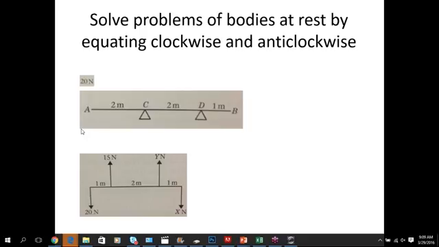So in the center, put your arrow down, put a 20 there. It's a total of 5 meter rod, right? So that's at the 2.5 meter mark.